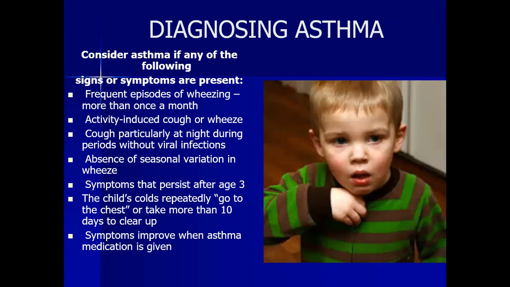Consider asthma if any of the following signs or symptoms are present. Frequent episodes of wheezing more than once a month, activity-induced cough or wheeze, cough particularly at night during periods without viral infection, absence of seasonal variation in the wheeze, symptoms that persist after age 3, the child's colds repeatedly go to the chest or take more than 10 days to clear up.